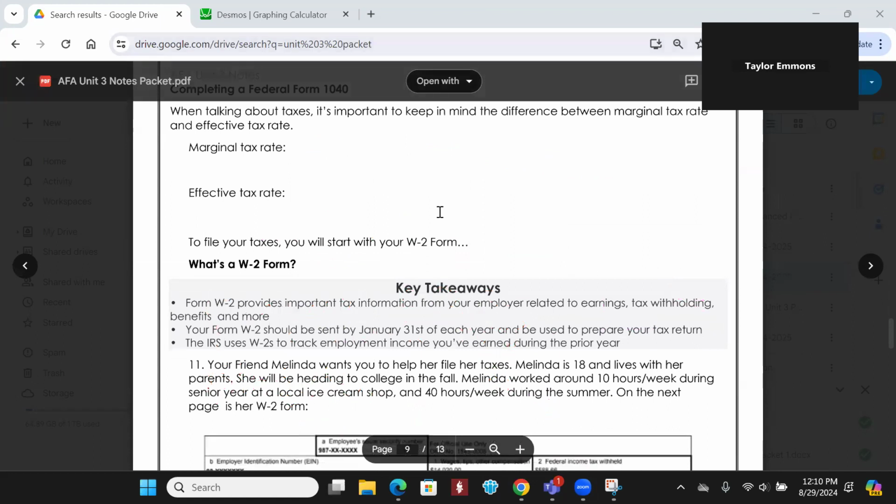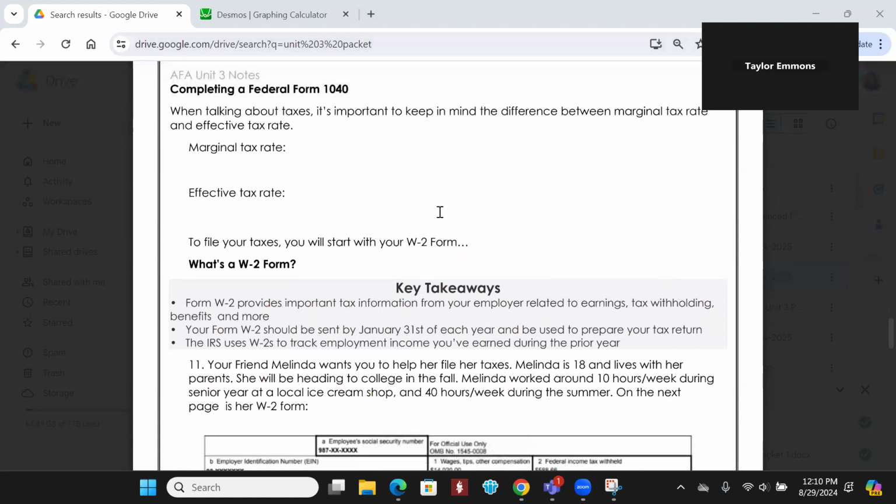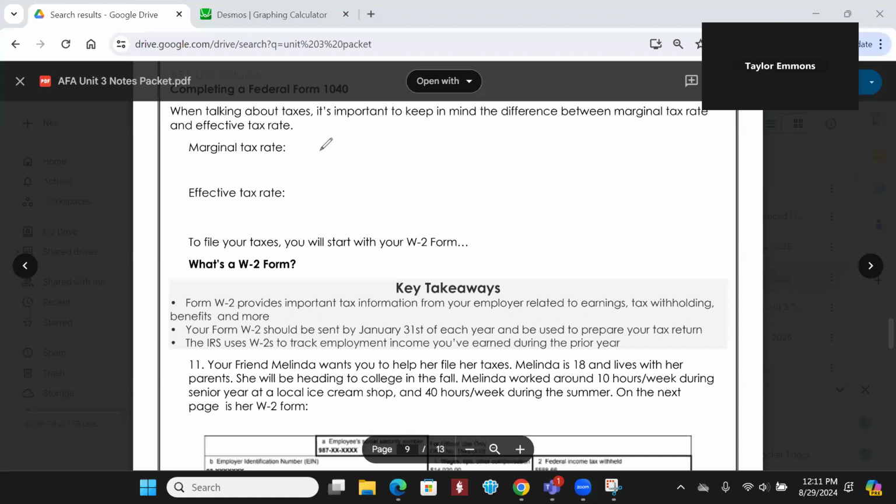All right, marginal tax rate versus effective tax rate. So there is a difference between marginal and effective. Okay, marginal tax rate is the tax bracket that you fall in based on income.